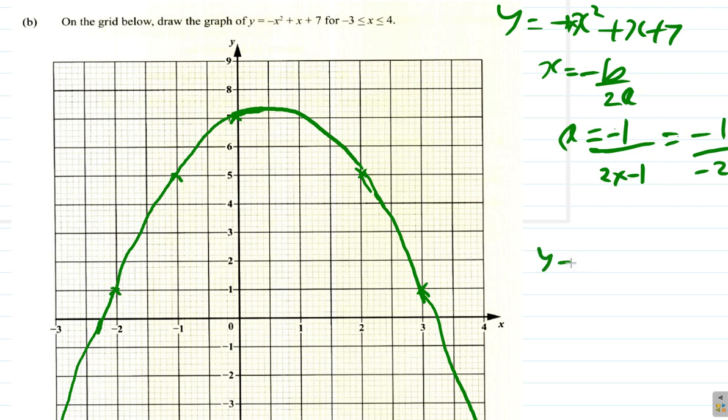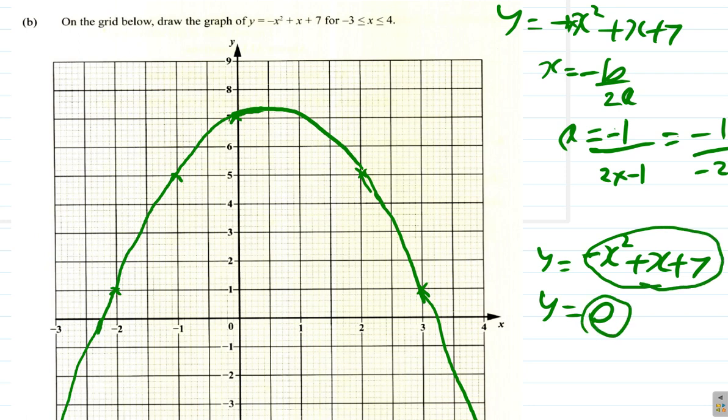The curve is y equals negative x squared plus x plus 7. And then they say equals 0. Equals 0 means y equals 0. Now you want to look at the line y equals 0 and see where both lines or both curves intersect. Where does this and this meet up with each other?